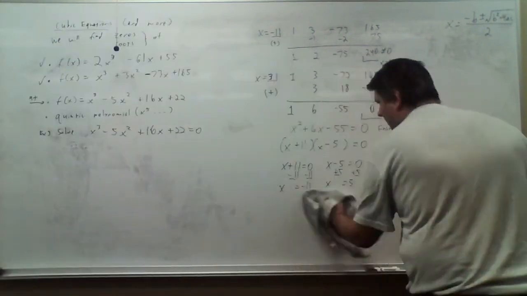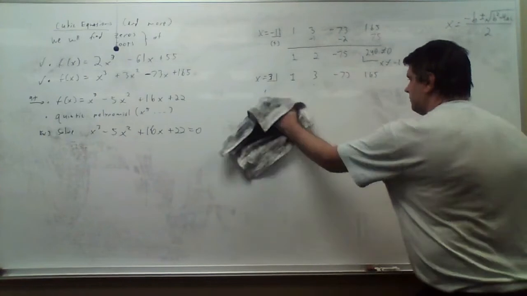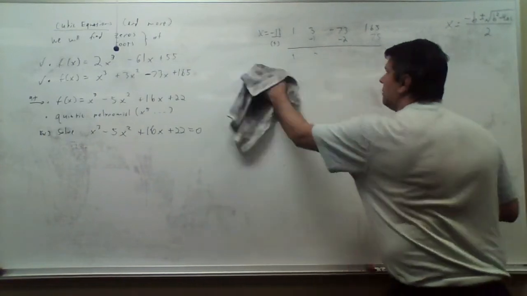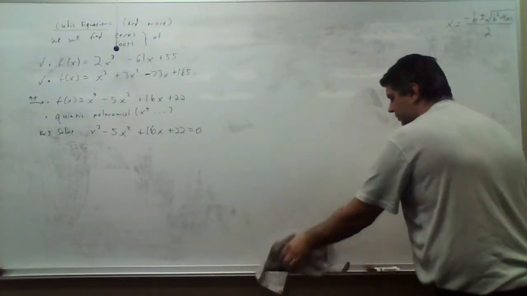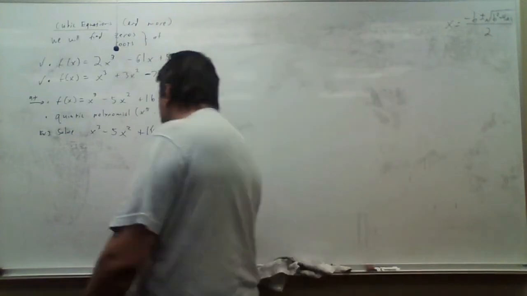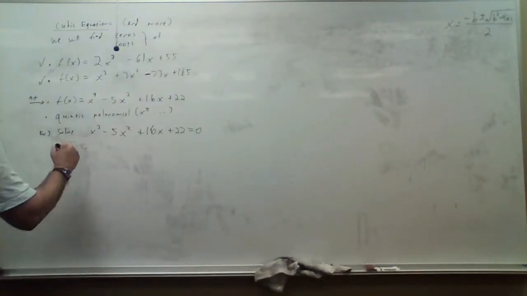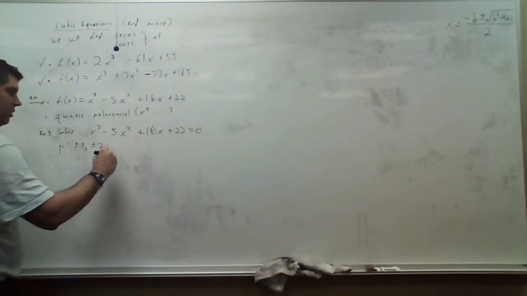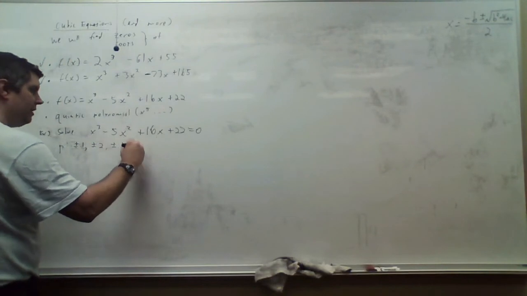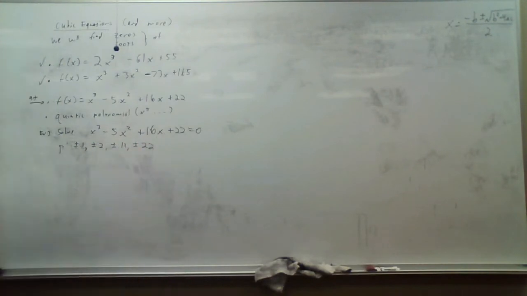Again, it's not factorable by grouping. So we're going to have to do this using the rational root theorem, or rational zero theorem. So P is all my factors of 22. That's 1, 2, 11, and 22.